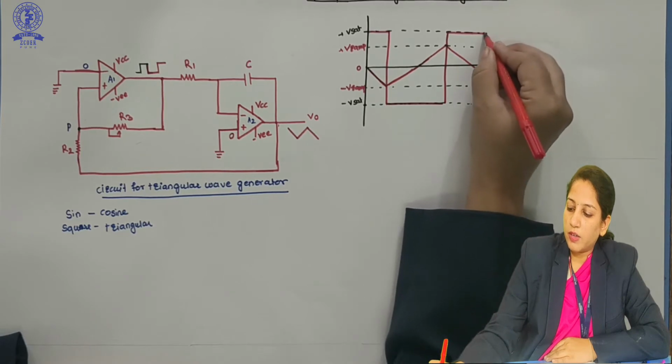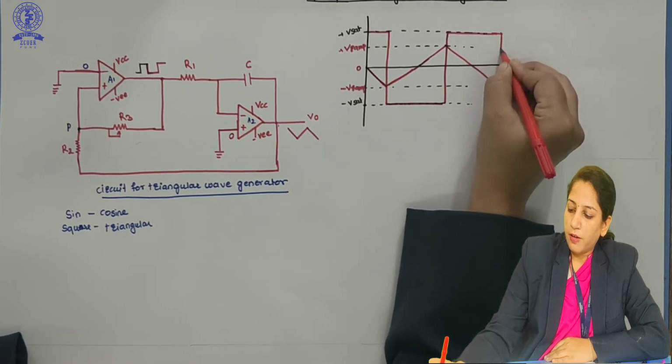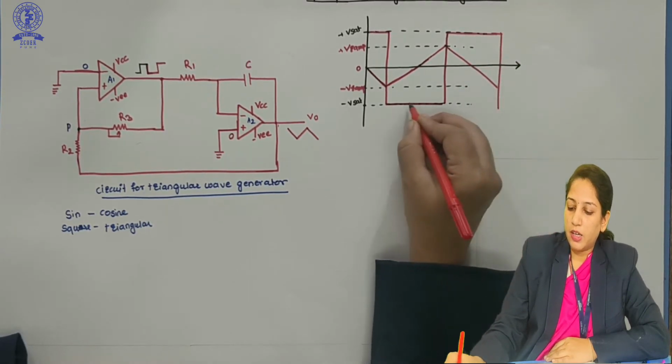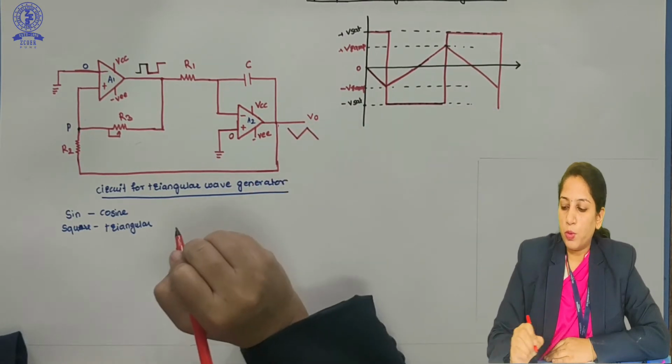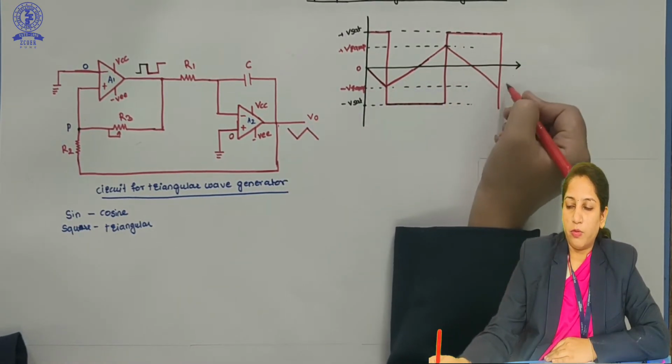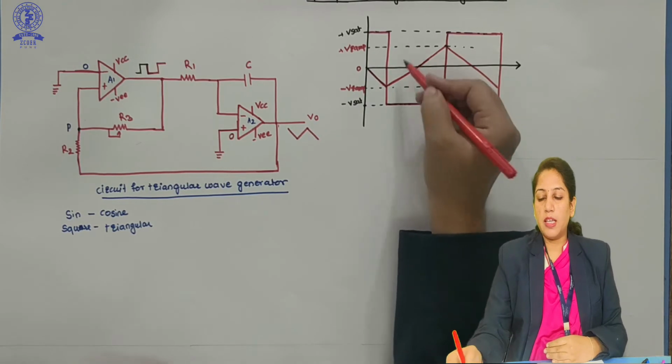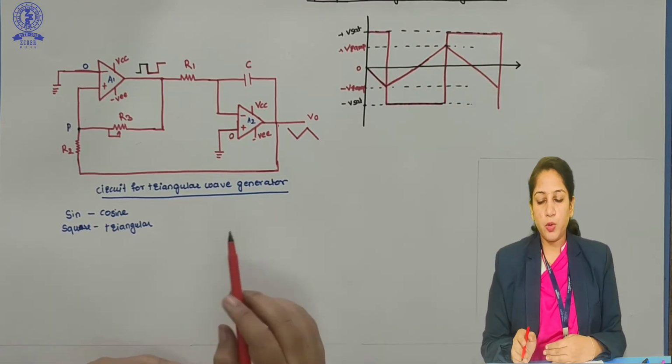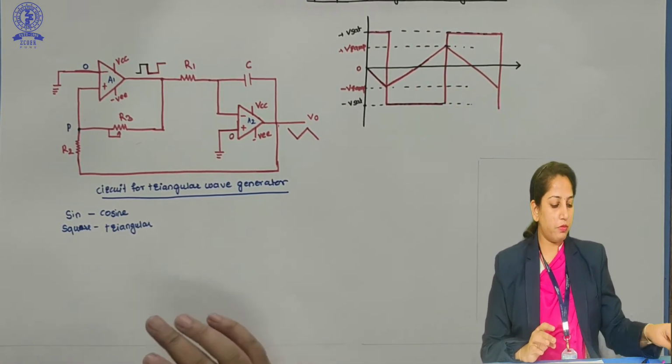So in this way we have got a triangular wave at output. Here at the output side I will get a triangular wave, but its amplitude will be less than the amplitude of the square wave.